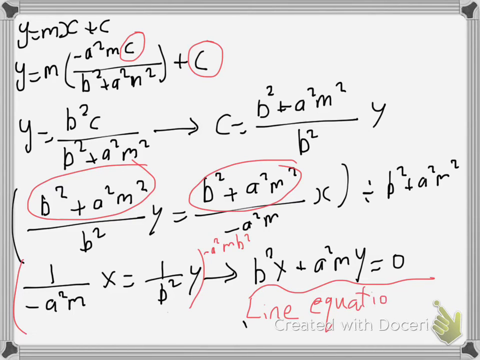So all the midpoints will lie on one line whose equation relates to the b and a of the ellipse.